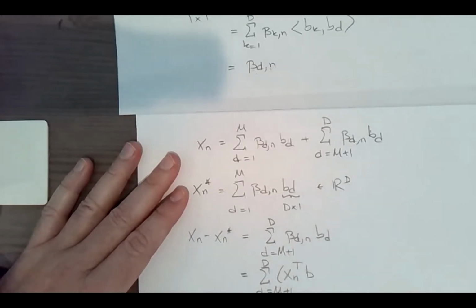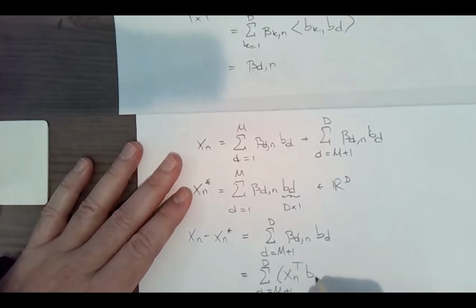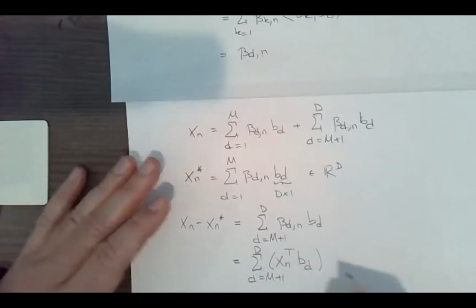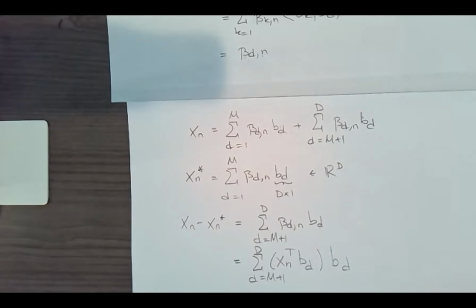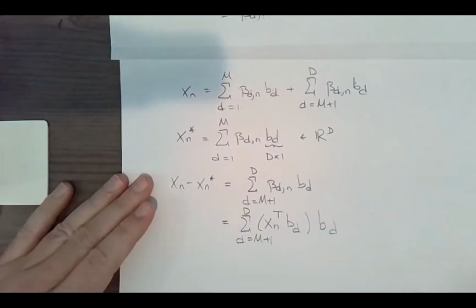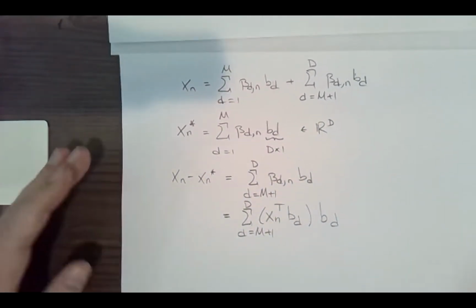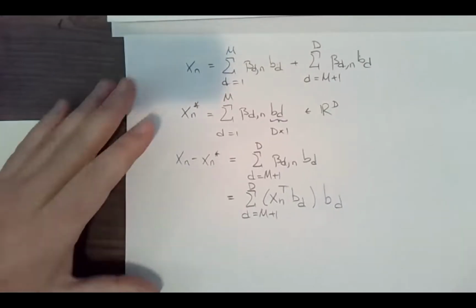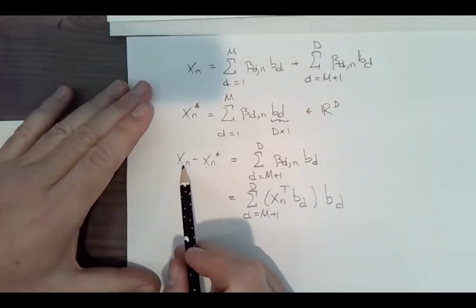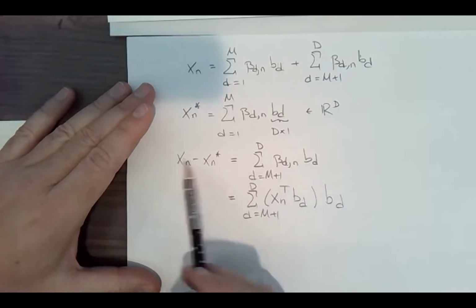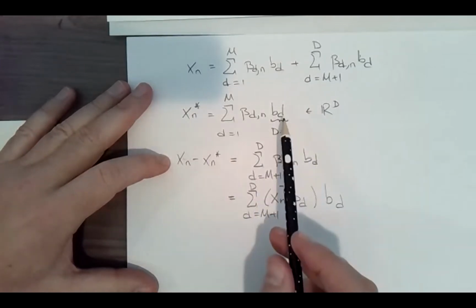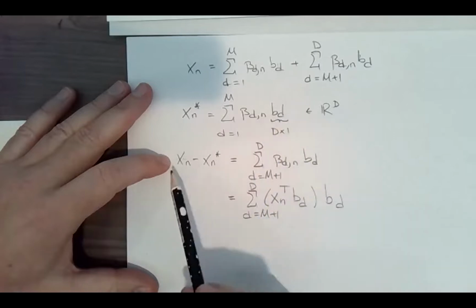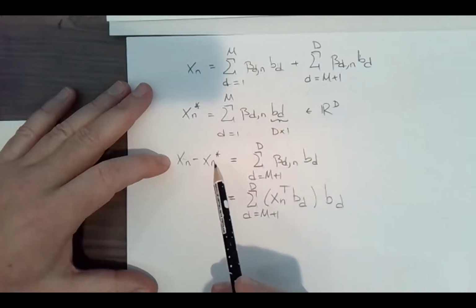This is the inner product between xn and this d basis element, times bd. And what I'm interested in is making this thing small.